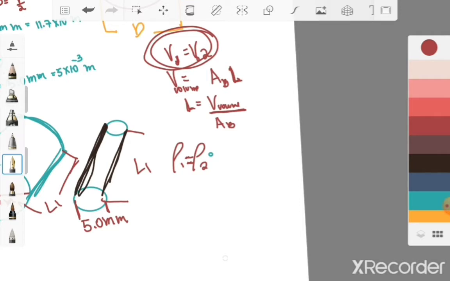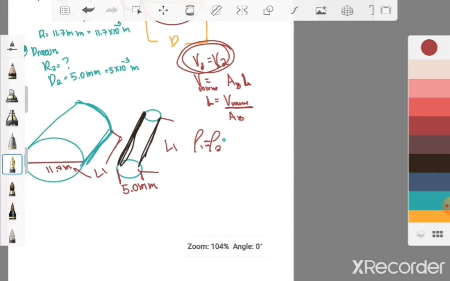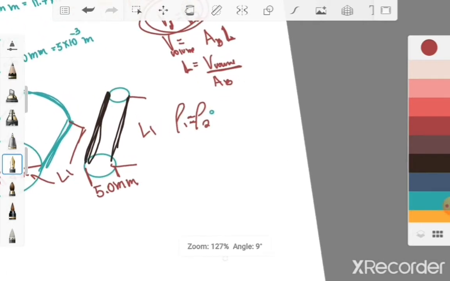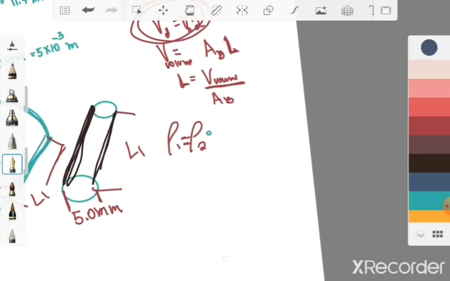Pag hindi siya copper, pag sinabi nung isa na another conductor which has an equal length is thrown into a smaller conductor, mag-iiba yung rho mo. Okay? So, rho 1 is equal to rho 2 since they are the same copper.